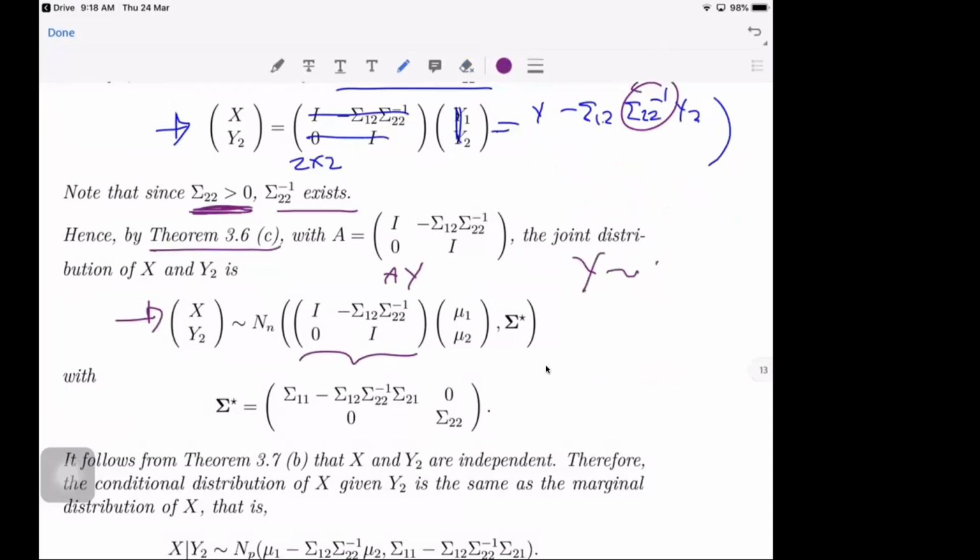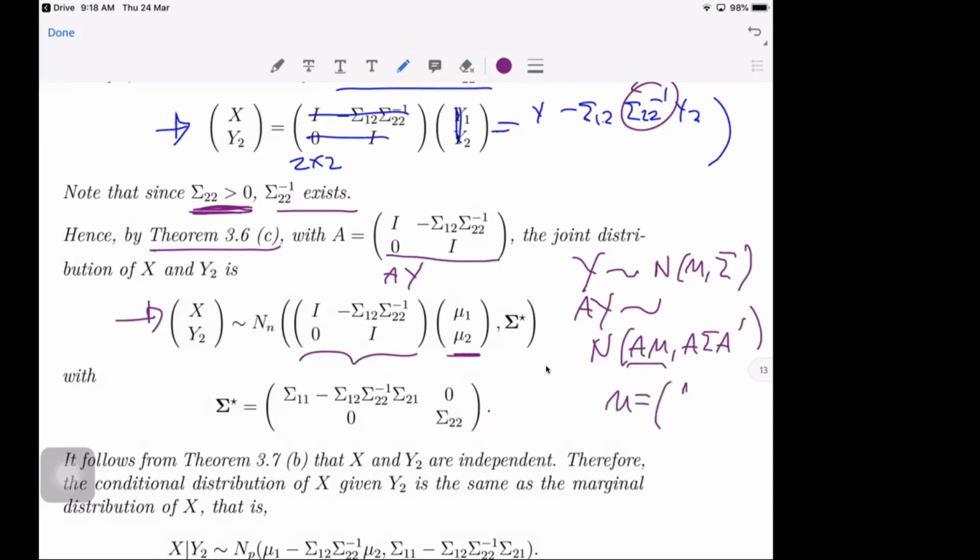Your mu here is mu1, mu2 transformed by A, and your sigma star will be A sigma A prime.